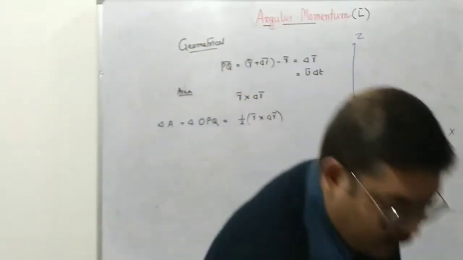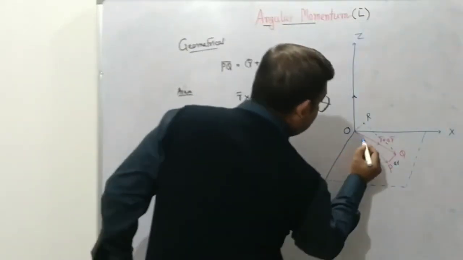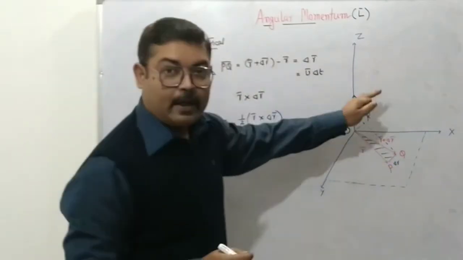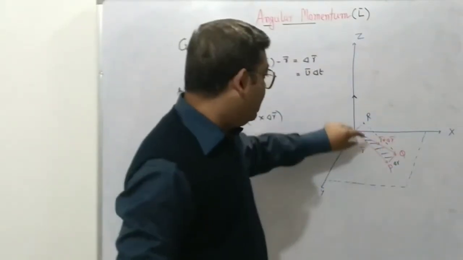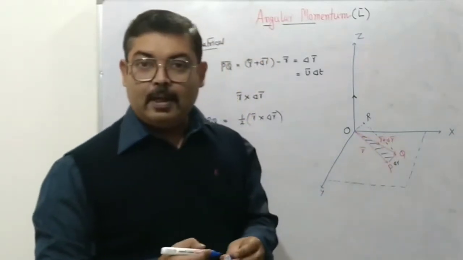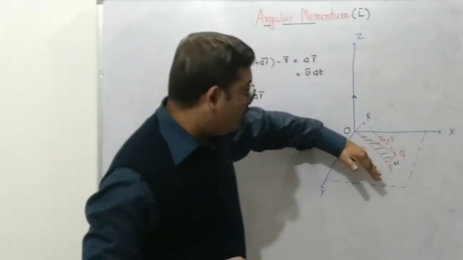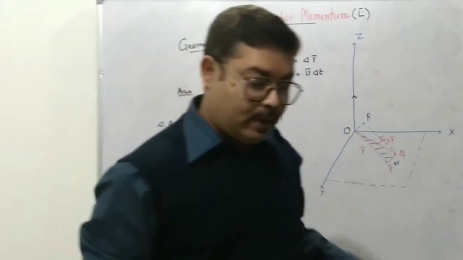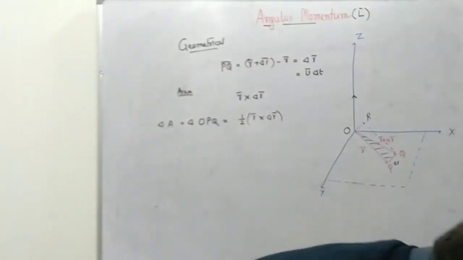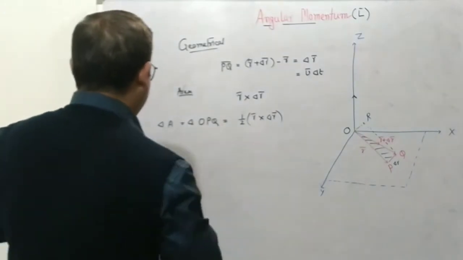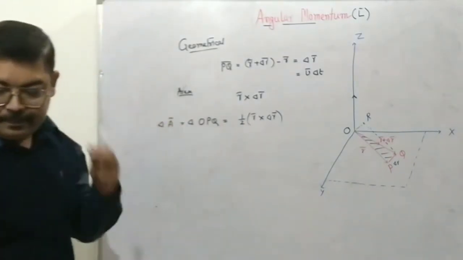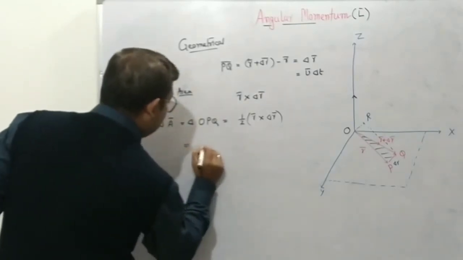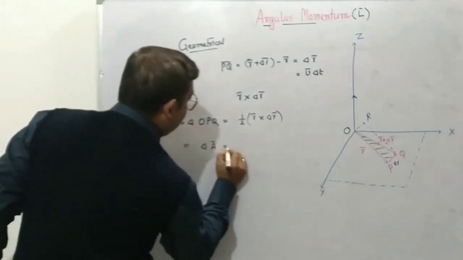So what is this vector area delta A? It is the area swept by the radius vector in time delta t, the triangle formed by the position vector when it moves from the initial position to the final position. So delta A vector equals this.